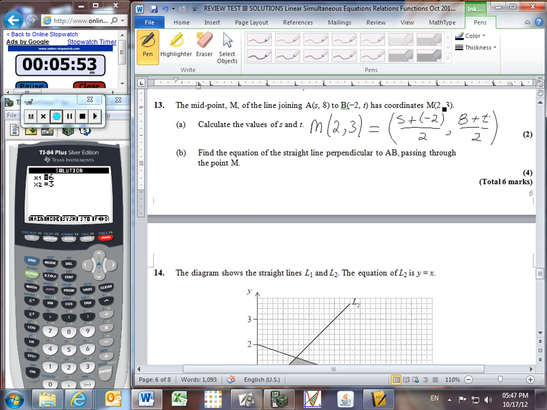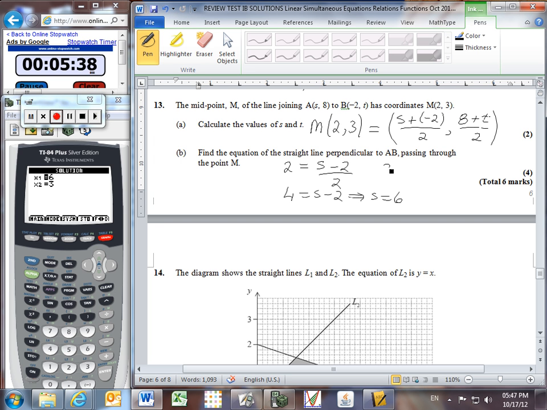So let's see if we can solve that equation. It says that 2 is equal to s minus 2 over 2, right? Plus negative is like a minus. So let's bring the 2 up to this side. So 4 is equal to s minus 2, and we'll figure out then that s is equal to 6.